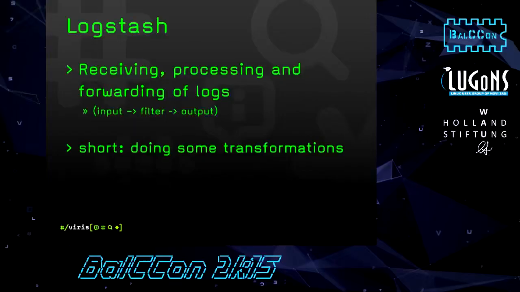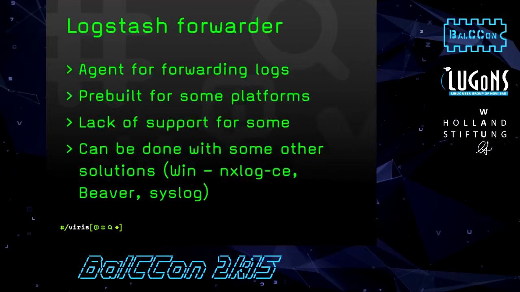So Logstash takes care of receiving, processing and forwarding of logs, and also doing some transformations if you want. This is the main part of Logstash. Logstash has also one component that is called Logstash Forwarder. It's actually just a small agent. It can collect logs or Wi-Fi logs from, let's say, small sensors installed all around the network.